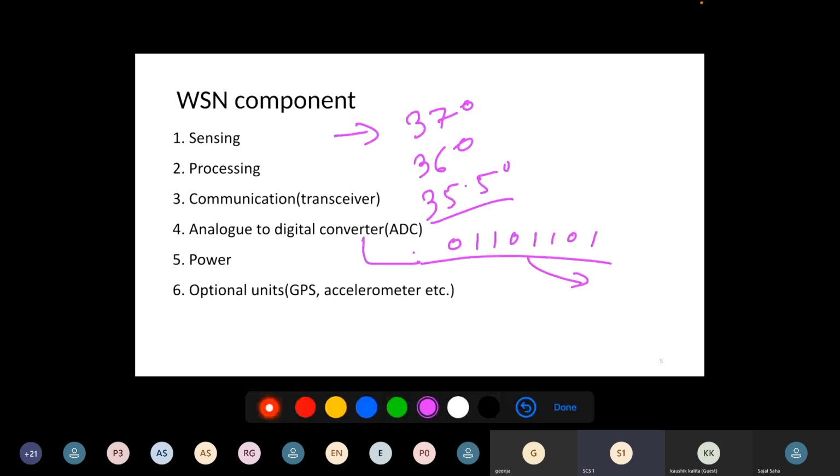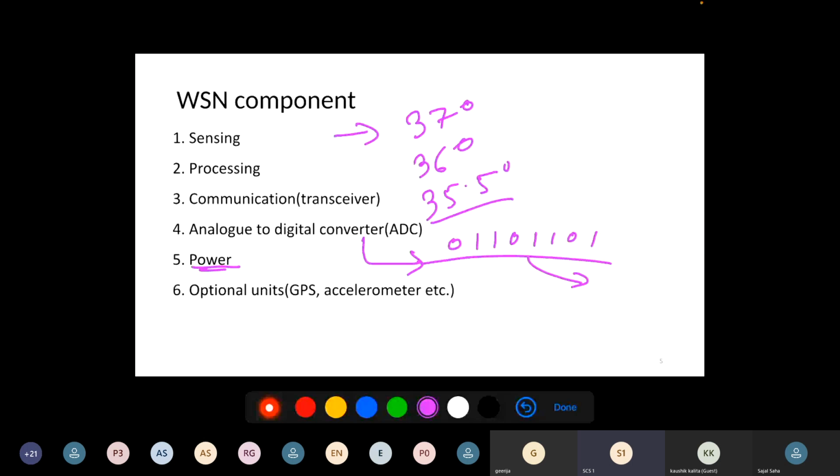The next important component is the power. You should have a proper mechanism to harness your power, and there are several optional units, like GPS. If you want to track the location of the device, because the device is movable, in that case I need to put in a GPS.